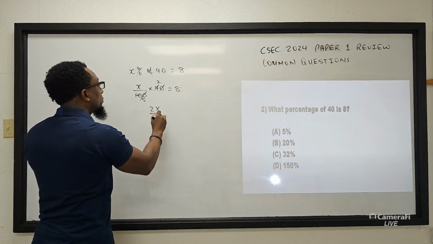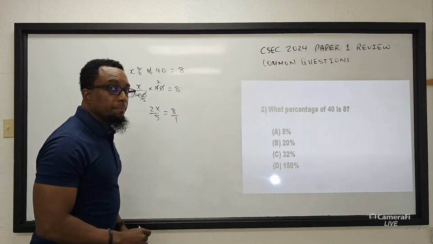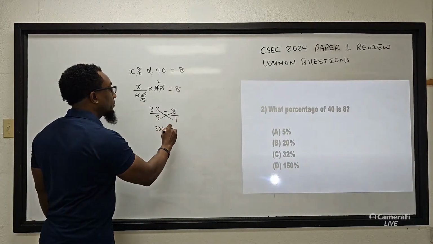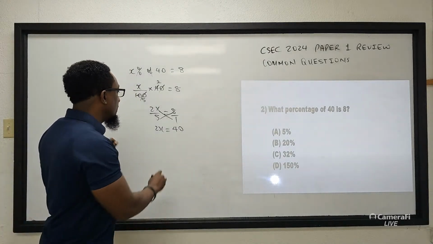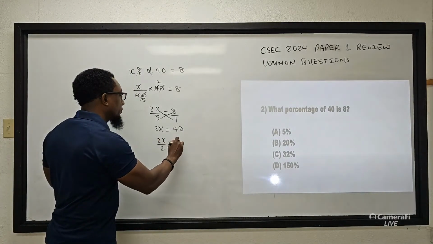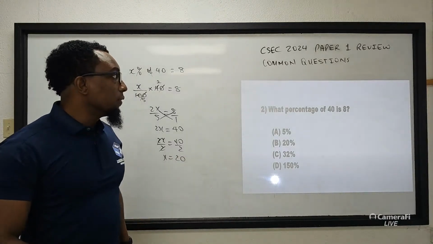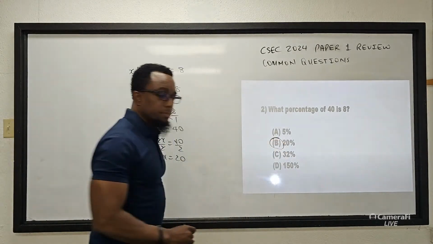So we have 2x over 5 is equal to 8, and I can put 8 over 1. At this point I can cross multiply to get 2x is equal to 40, and divide both sides by 2. x is 20. So what percentage of 40 is 8? That's 20%, B. So 2, B.